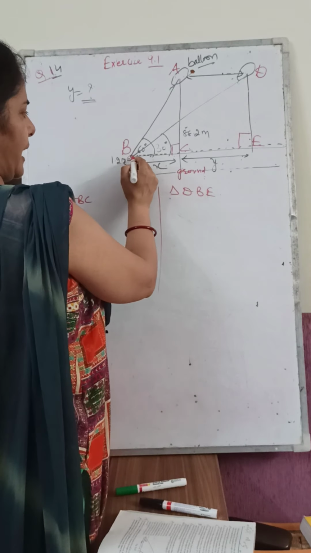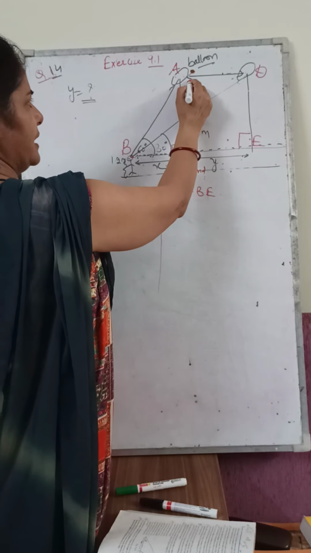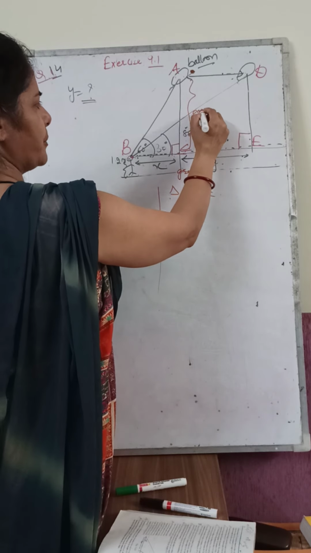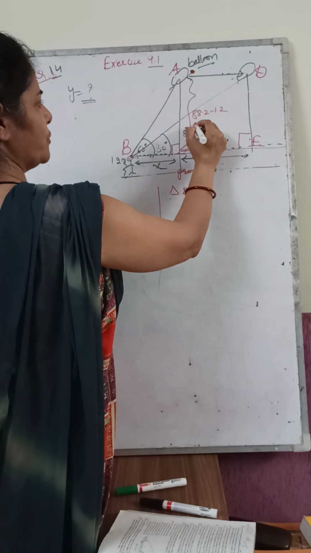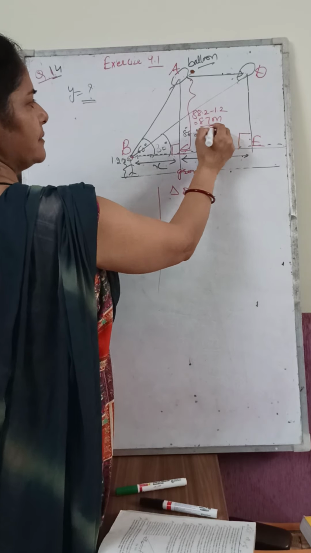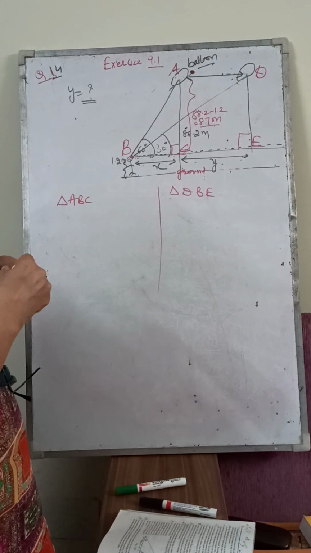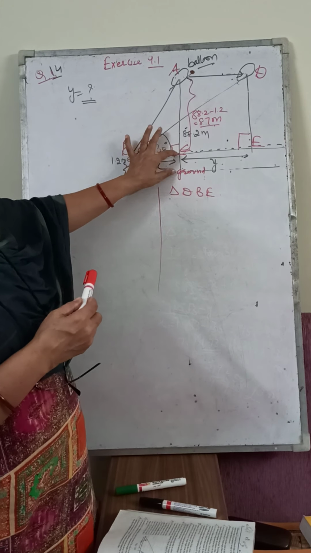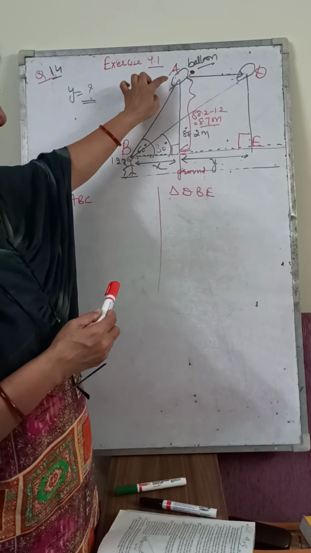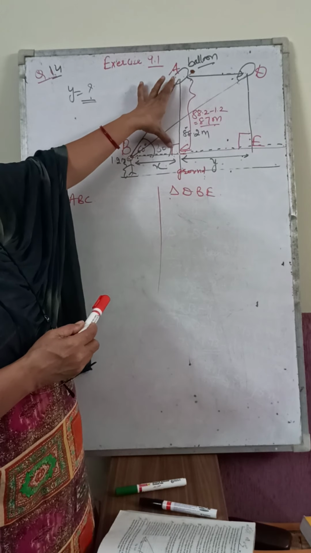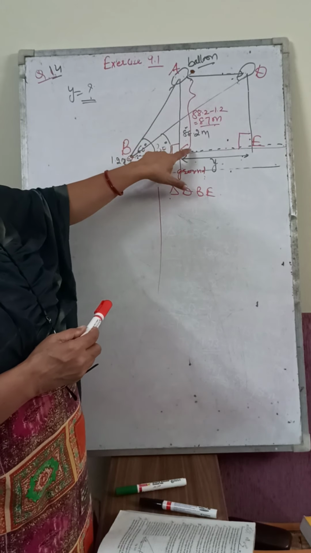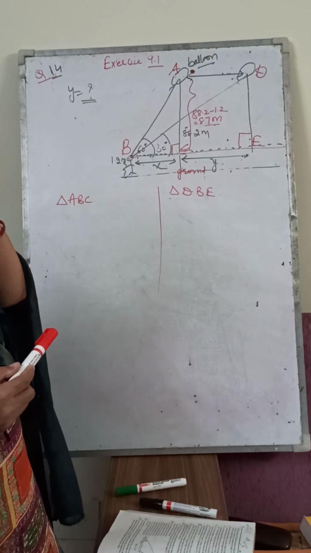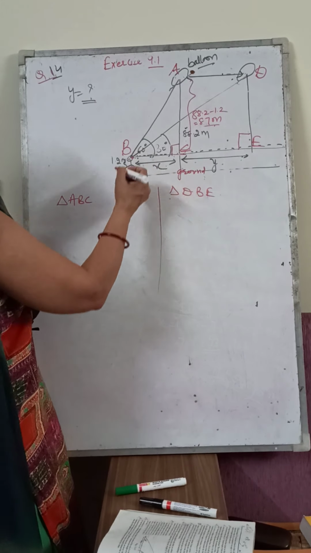So from her eye level, what is the height? 88.2 minus 1.2 is 87 meter, because the 1.2 meter height of the girl will be less out of the total 88.2. So the net height from her horizontal level will be 87 meter. Clear? Let's take the first triangle ABC.